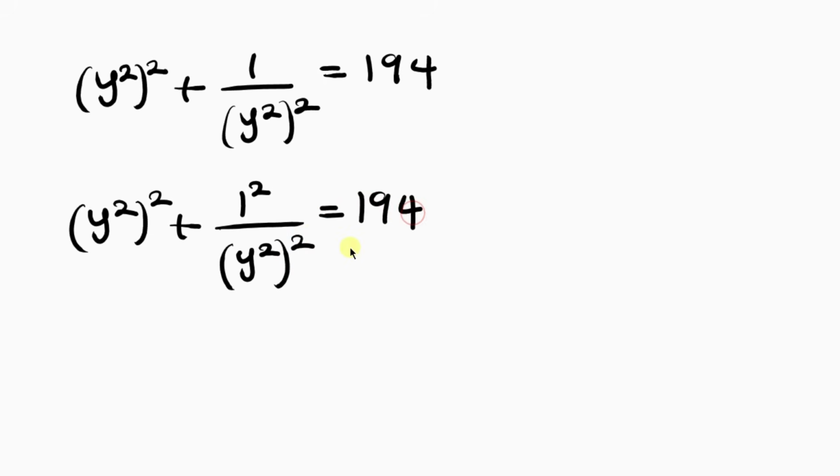Now our next step will be for us to apply the property of indices here. The property of indices says that when I have a^n all over b^n, this can be written as (a/b)^n, which is a common power.